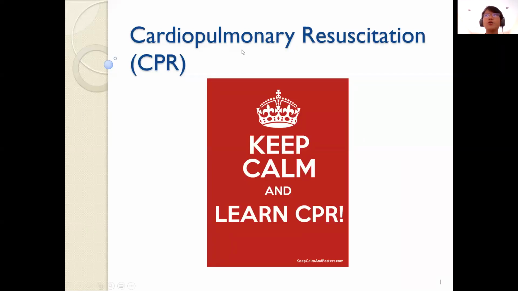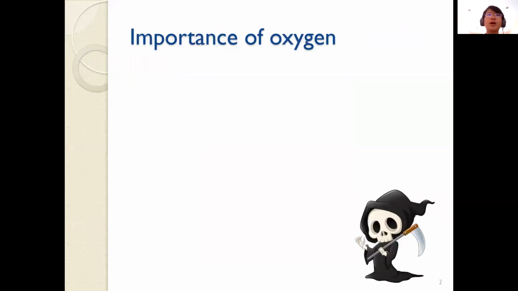Okay, so in the past, I believe we talked about unconsciousness due to heart attack, hypoglycemia, stroke, and head injury, right? In these cases, there is a chance that the casualty can have a cardiac arrest. When you have a cardiac arrest, as in their heart isn't pumping anymore, you cannot deliver oxygen through your body.